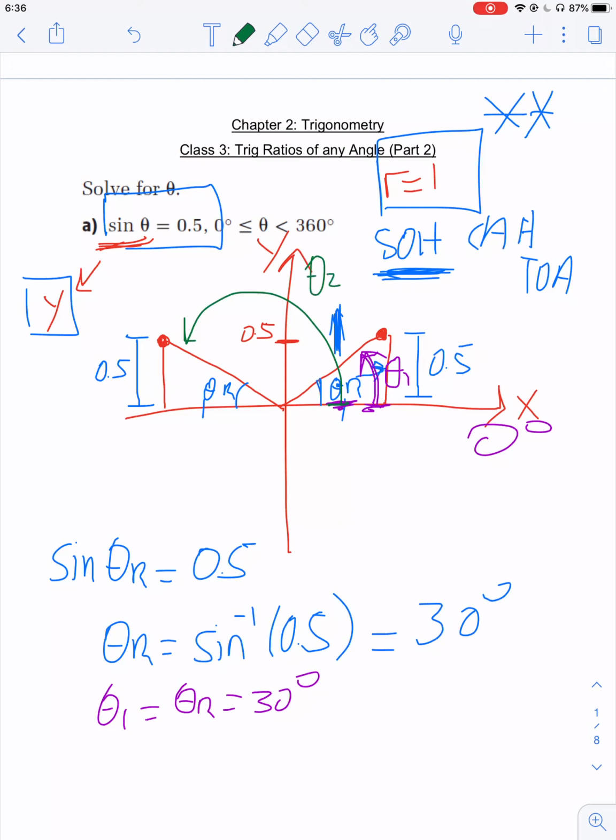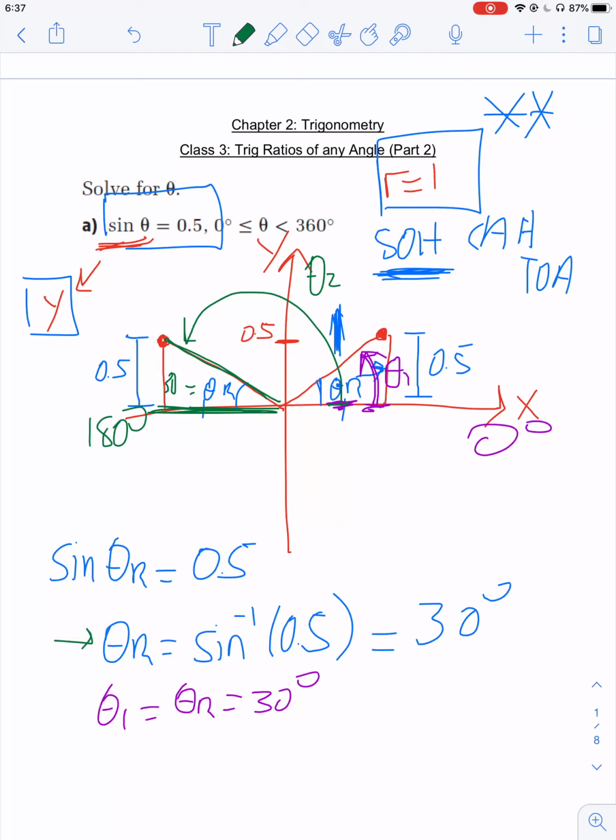Okay, so how can you figure out the value of theta 2? Well, you know that this arm over here is at 180 degrees. And you know the value of your theta r. You just figured it out, right?